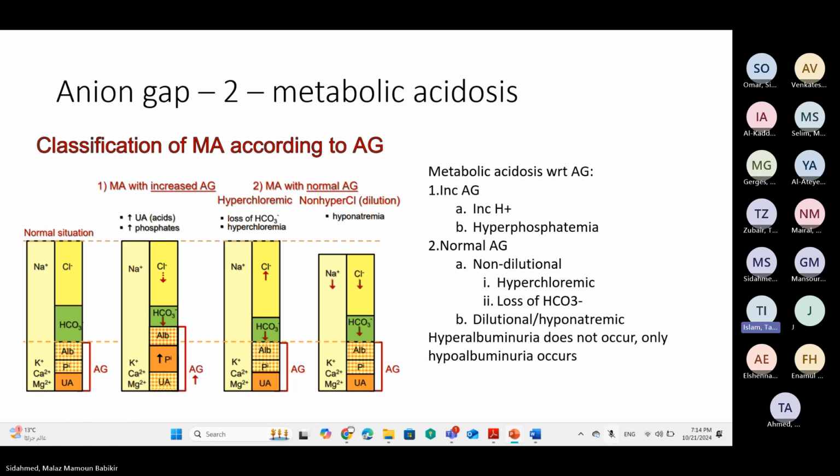And then you have dilutional or hyponatremic, which basically means that you dilute the blood. It's a very weird term, but you dilute the blood with physiologic solution, which is 0.9% sodium chloride, or saline. The reason why this dilutes blood is because saline has a sodium to chloride ratio of 1 to 1, but that is not the actual ratio within the human plasma.